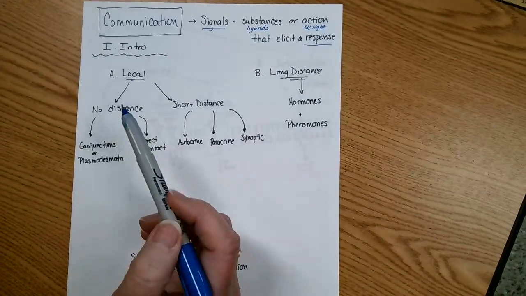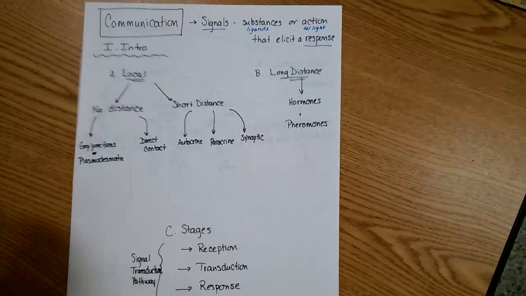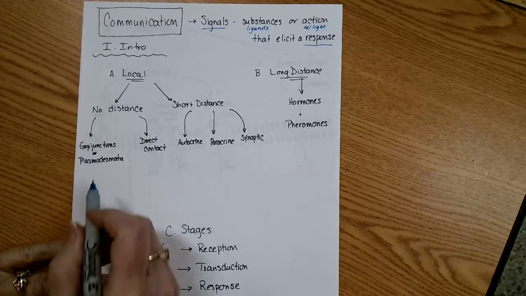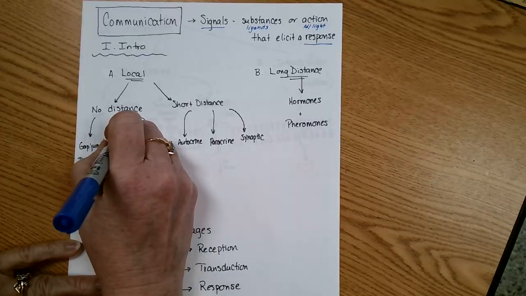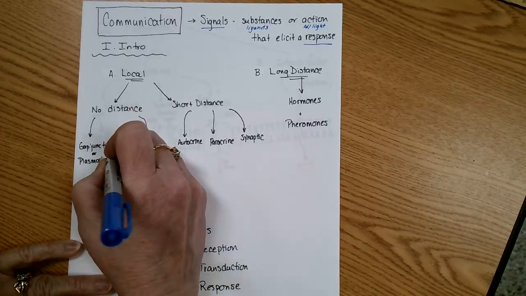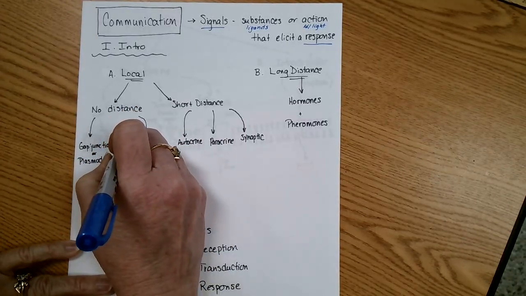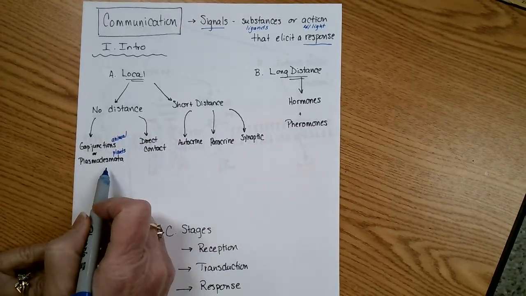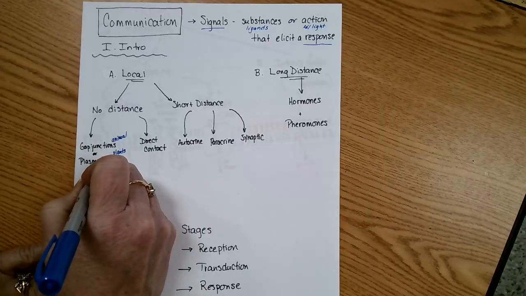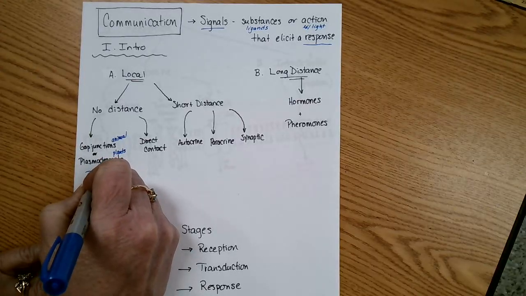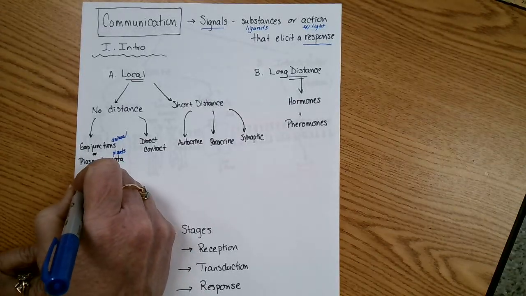If they're going no distance, in other words, one cell is right next to another, okay? If those cells are connected, like in animal cells, we have gap junctions, and in plants, we have plasmodesmata. That's like if you're looking at one cell and another cell, and they have this tiny little gap between them.